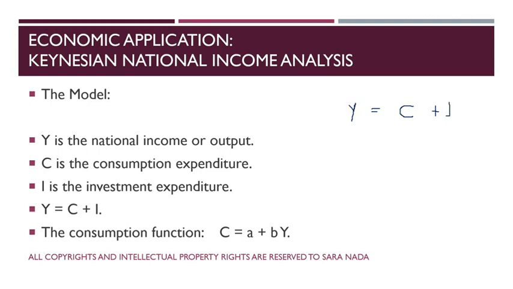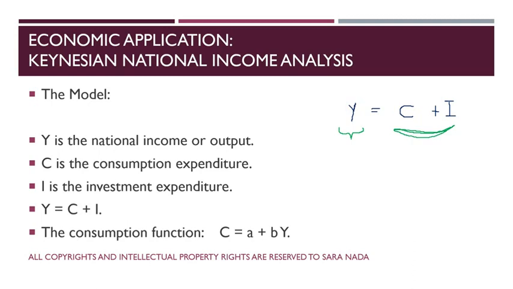So as you can notice, Y is the national income or the output, so we can say that this Y represents the supply, okay? While the other part, the C plus I, represents what? They represent the demand expenditures, okay?